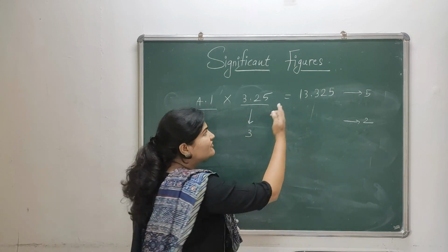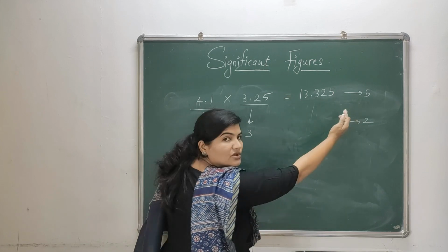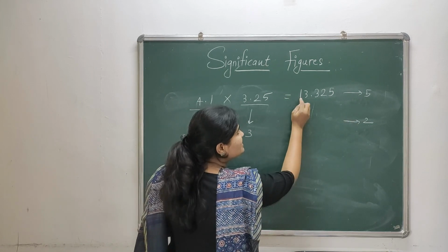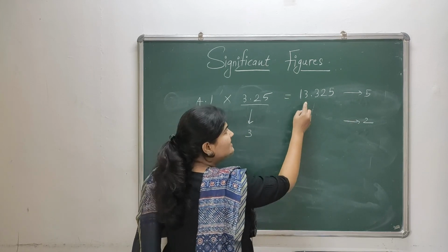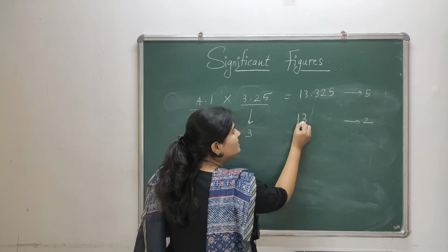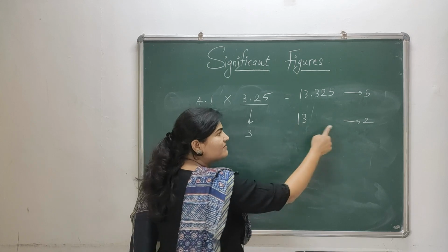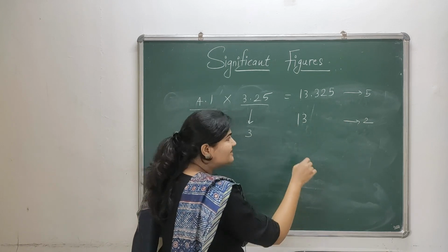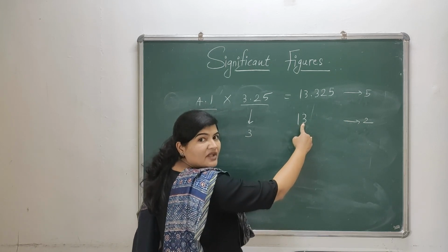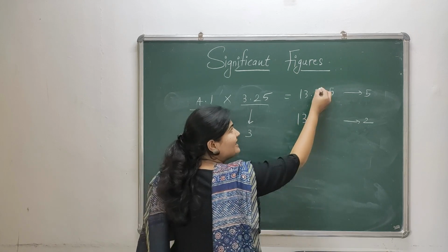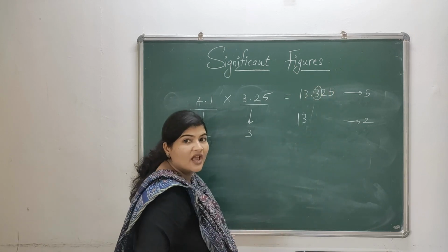We should start from left and go towards right. The first digit I will keep 1. The second digit I will keep 3. My 2 digits are over. But the last digit will be determined by the next digit in the picture. How?